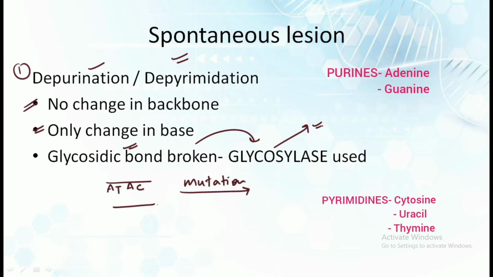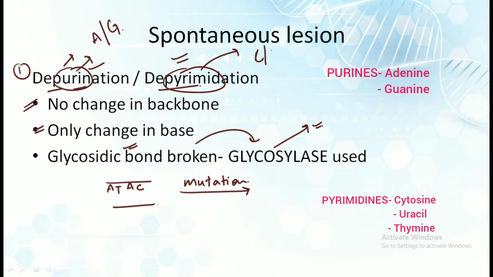Depurination means there occurs a deletion of a purine. And what are purines? A and G are the two purines. And what is depyrimidation? When there occurs deletion of a pyrimidine, that is either T or C. So let's consider we have the mutation and the T got deleted.